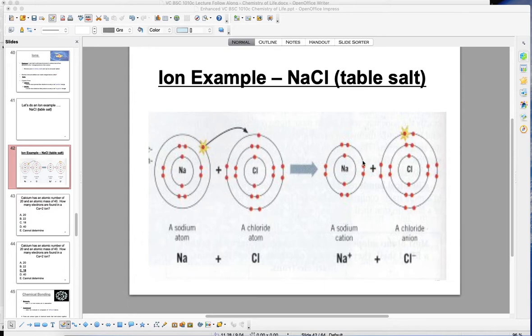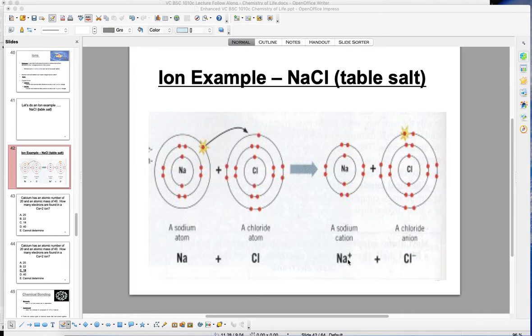But now sodium becomes Na plus 1 because it's minus an electron, since it gave it to chlorine. So this is an ionic bond because 2 ions are formed. An ion, remember, is an atom that has a different number of electrons and protons, so it's charged. It's not a neutral atom. So chlorine is minus 1 and sodium is plus 1.